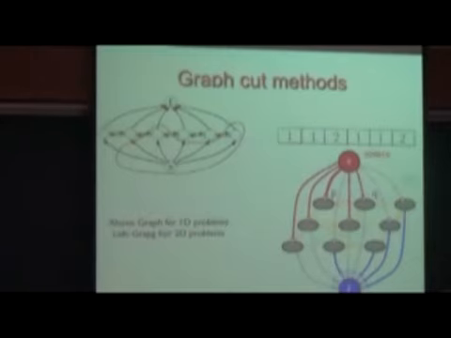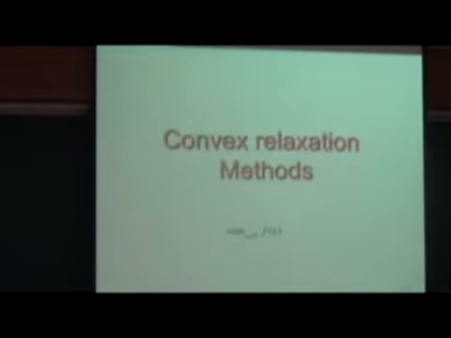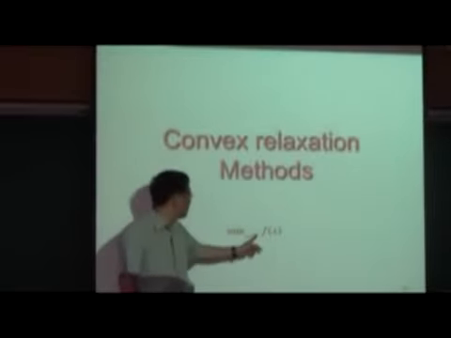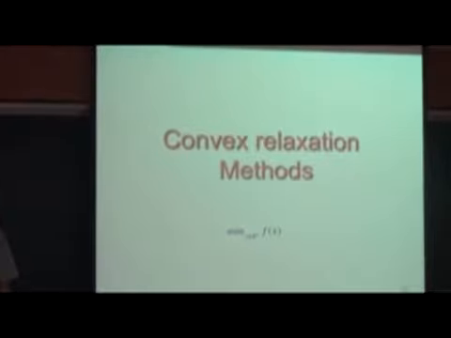So graph cut, I'm going to talk about those a little bit later. This is a 1D graph, and this is a 2D graph, which I will talk about later. And convex relaxation: for many of the problems, in the end it becomes a minimization of a function. Mostly this A is the number of pixels, so it could be several million, very, very huge.